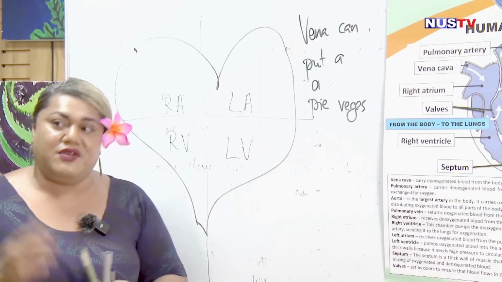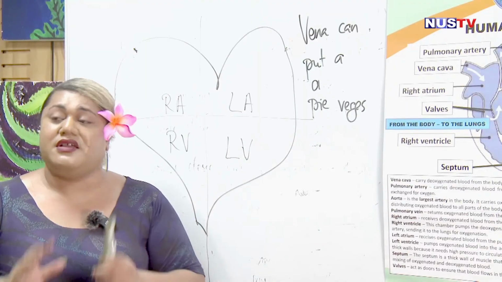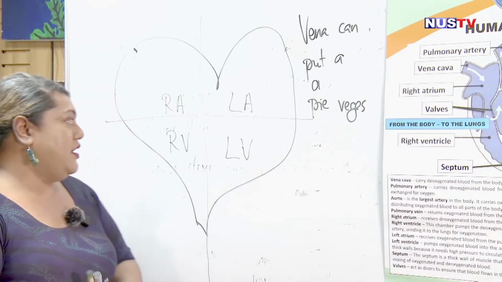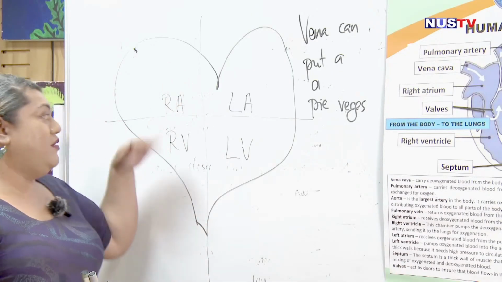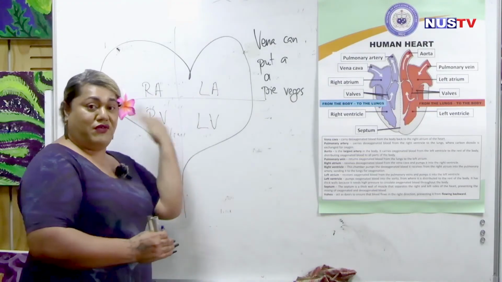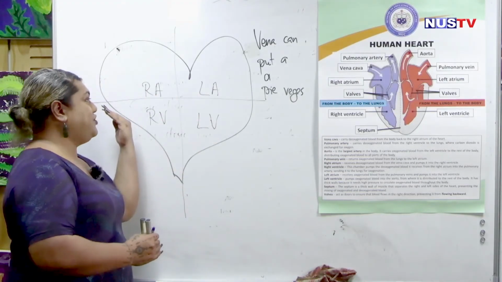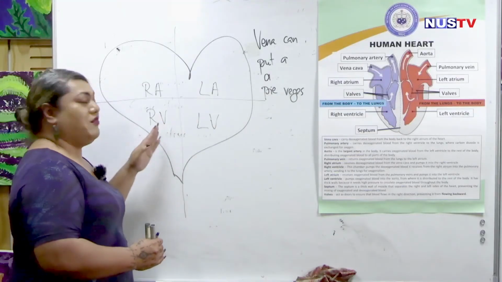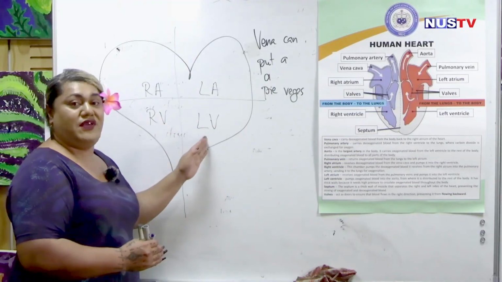So these are methods for you to memorize the different structures. There are four chambers: right atrium, left atrium, right ventricle, left ventricle.